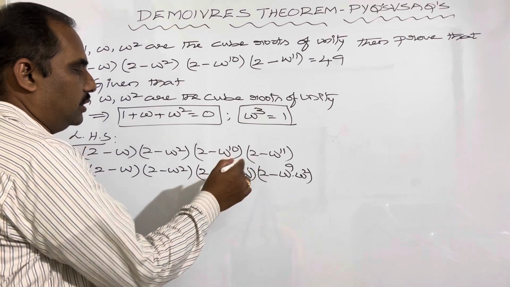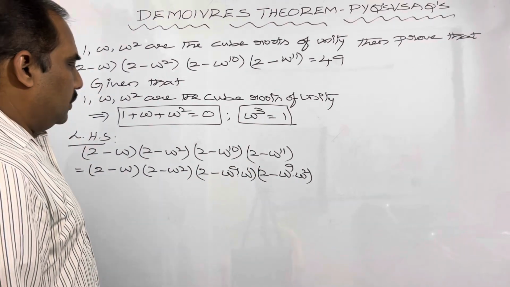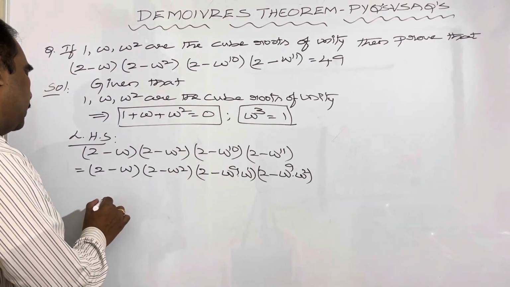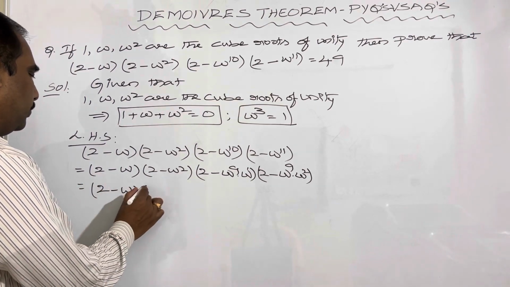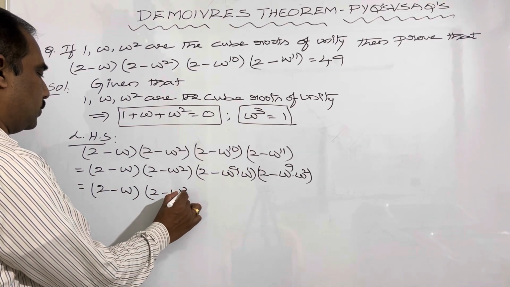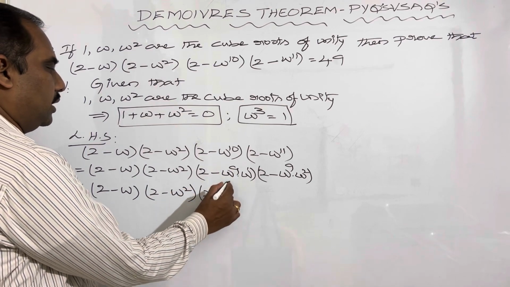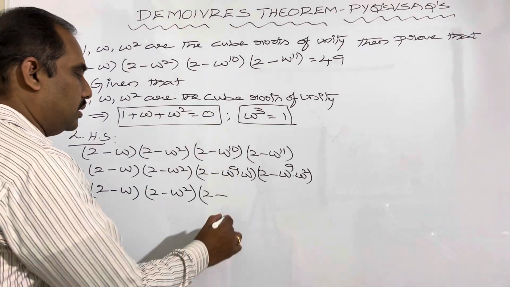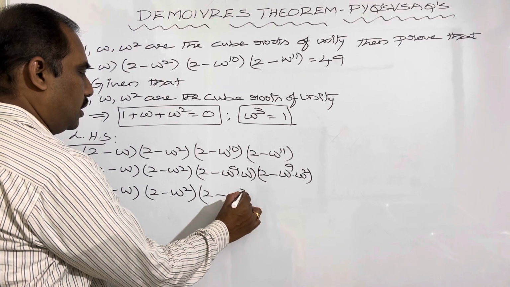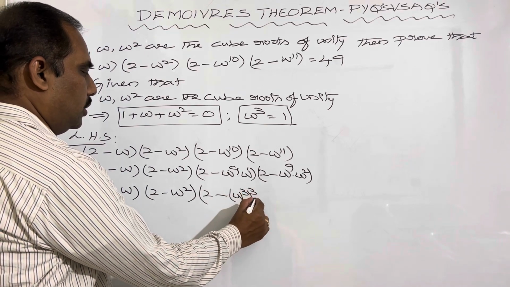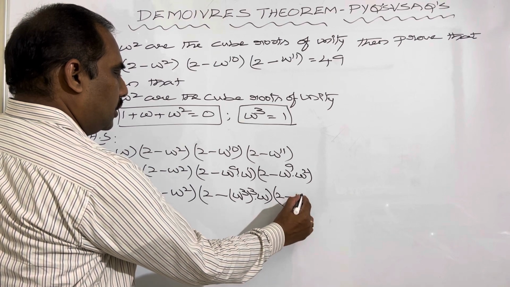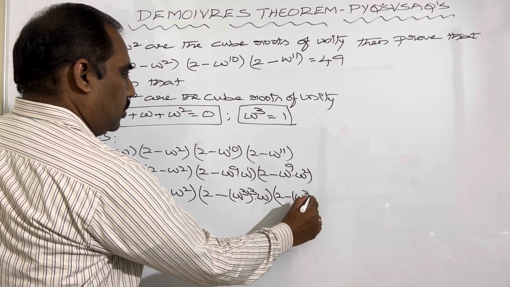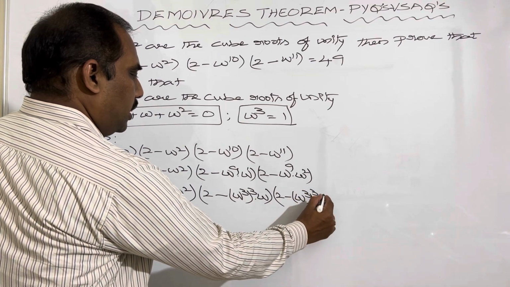So omega power 9 can be written as omega cube whole cube into omega, and likewise omega cube whole cube into omega square.